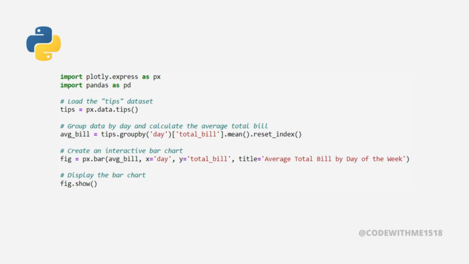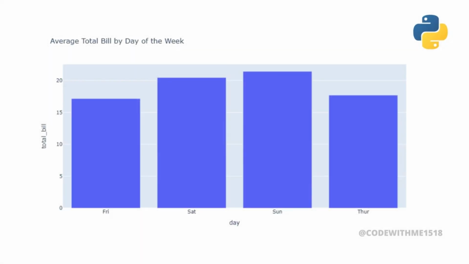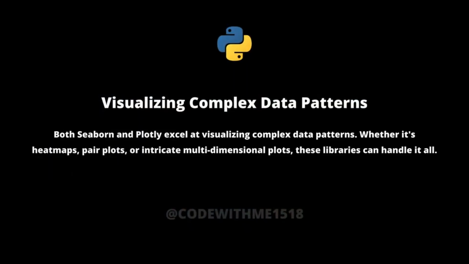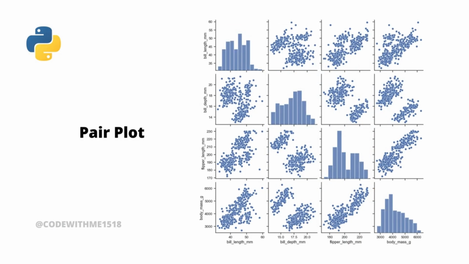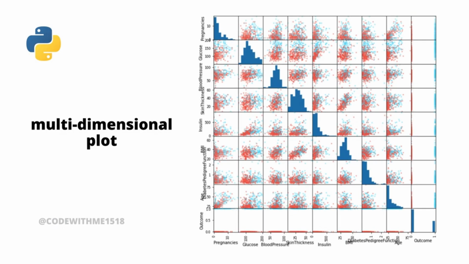This interactive scatter plot allows you to hover over points to see detailed information, and even zoom in and out to explore different aspects of the data. It's a powerful way to engage with your audience and let them explore the data on their own. Both Seaborn and Plotly excel at visualizing complex data patterns. Whether it's heat maps, pair plots, or intricate multidimensional plots, these libraries can handle it all.